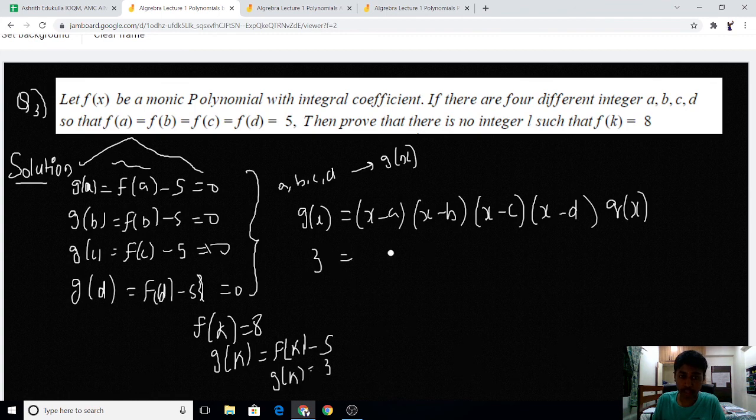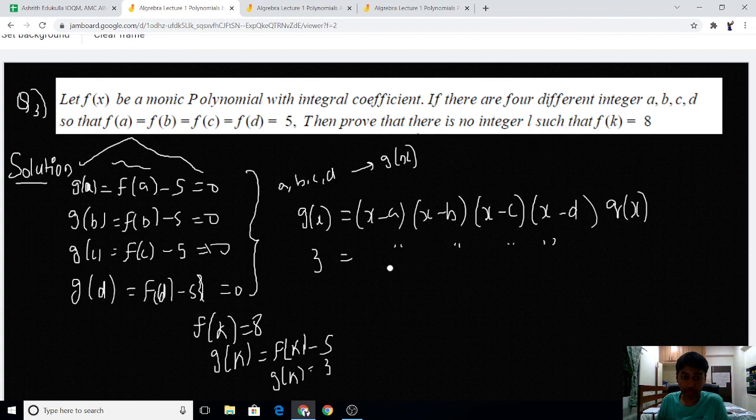3 equals this equation. So what do you think, is 3 possible? They have given that a, b, c, d are different integers.